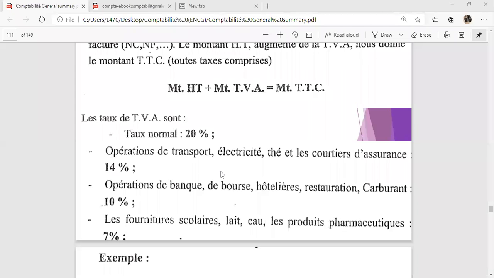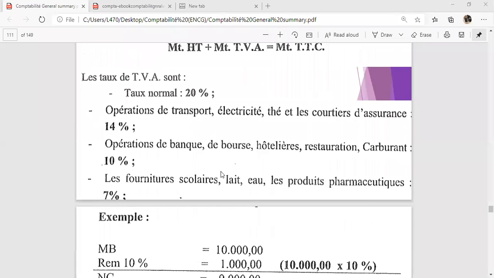And moving on to the 10%. 10% is charged onto bank operations. We can strictly summarize it as 10% is charged onto banking operations.